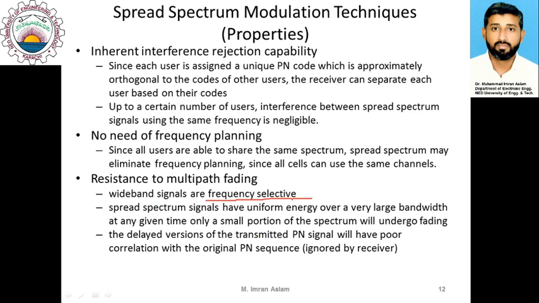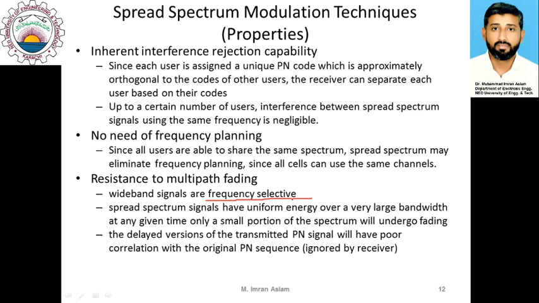Also, the multipath effects are eliminated in these spread spectrum techniques, because these pseudo noise codes have another property: if you calculate the correlation with a delayed version of the same pseudo noise code, it will generate a low cross correlation.